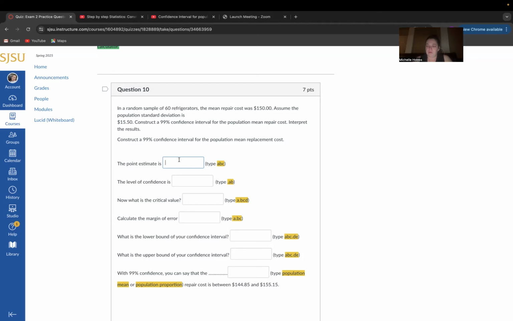So the margin of error is going to be 15.50 over the square root of 60, times 2.576. So the margin of error is about 5.15 for that one.